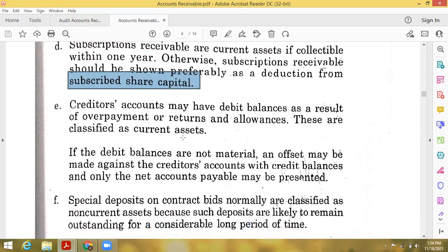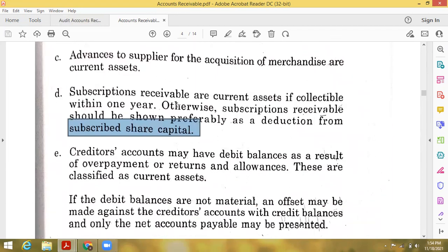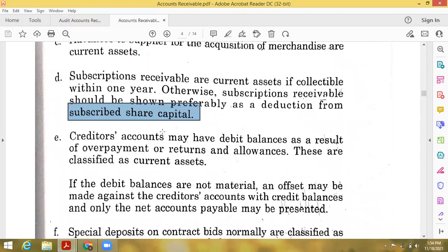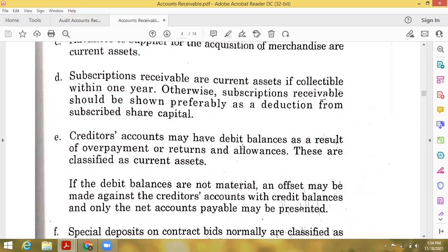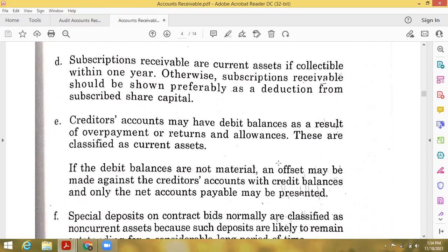Creditors account, similar to advances to supplier. Creditor account may be debited as a result of overpayment. So when there is an overpayment, we can debit it to our receivables. These are classified as current asset.